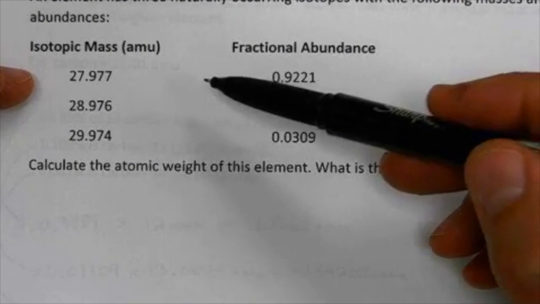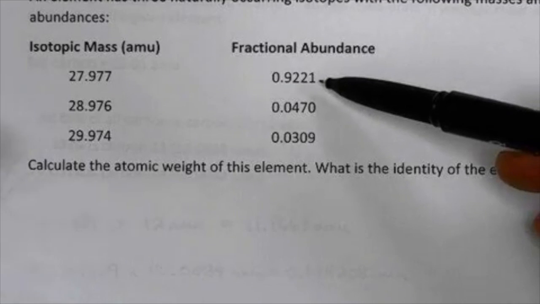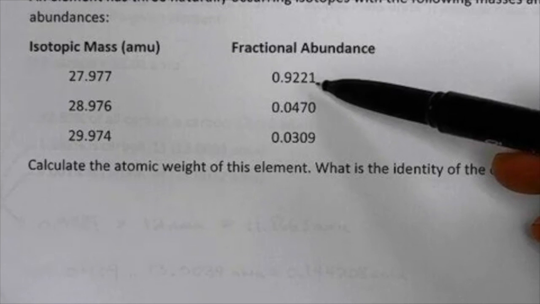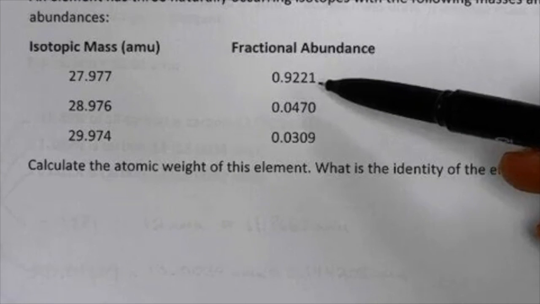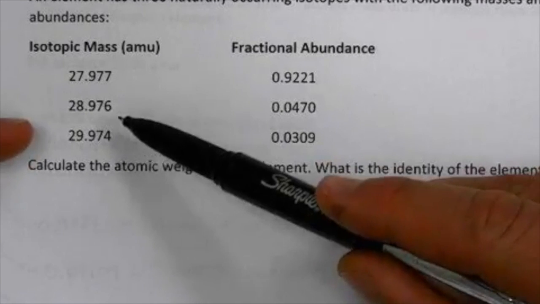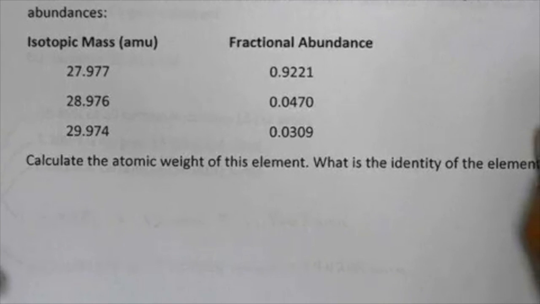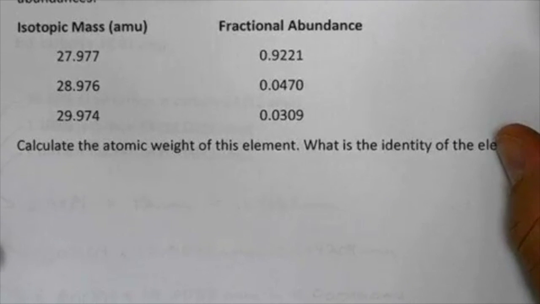So this first isotope, this 27.977, this was 92.21%, but it's already been divided by 100. So all you have to do is multiply your 3 masses for your 3 isotopes and then add up your answers. Go ahead and give it a shot, and then I'll work through the problem and you can see how you did.